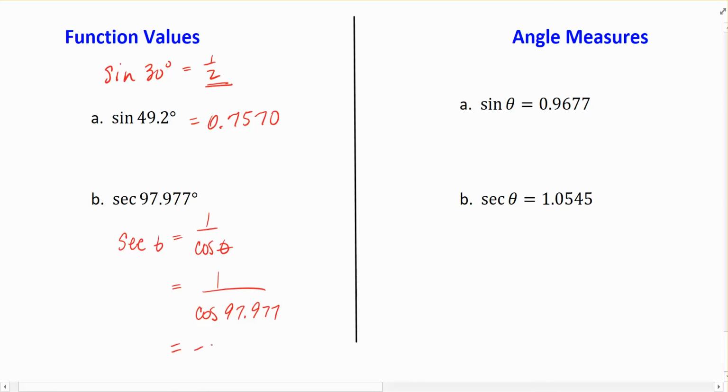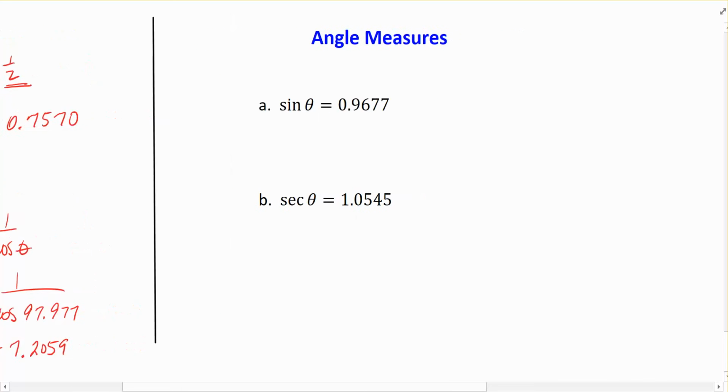So when we are thinking about function values, we either just push the button and it gives us the answer, or we have to use our reciprocal identities to come up with a more creative answer.